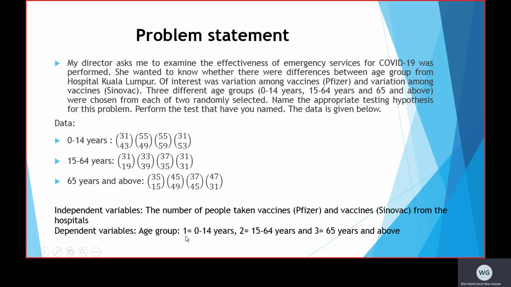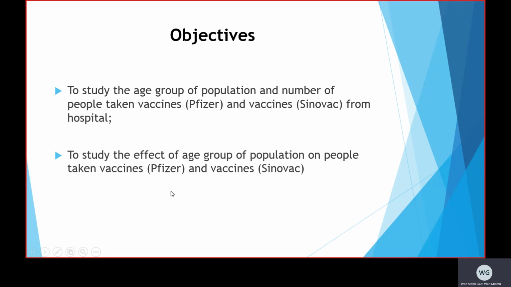Dependent variable: age group, where 1 is 0 to 14 years, 2 denotes 15 to 64 years, and 3 denotes 65 years and above. The objective of this study is to study the age group of the population and the number of people taking vaccine Pfizer and vaccine Sinovac from the hospital. Second, to study the effect of age group of the population on people taking vaccine Pfizer and vaccine Sinovac.